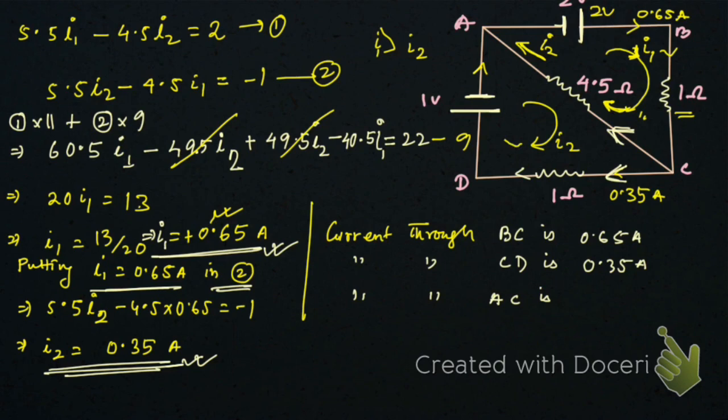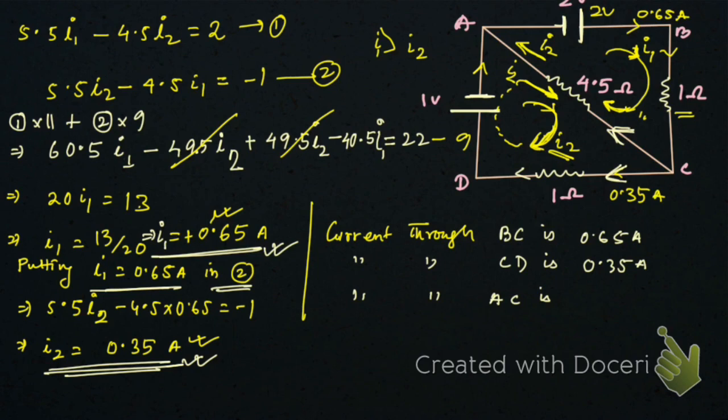But I2 flows in this direction, and as we have got I2 also positive, its direction is the same as the direction we assumed before solving the problem. If you had got a negative value, suppose I2 equal to minus 5 or something, then it would be opposite to the direction that you had considered. But as we are getting the positive value, it is the same as the direction we considered. So this is the direction of I2, which is opposite to I1.